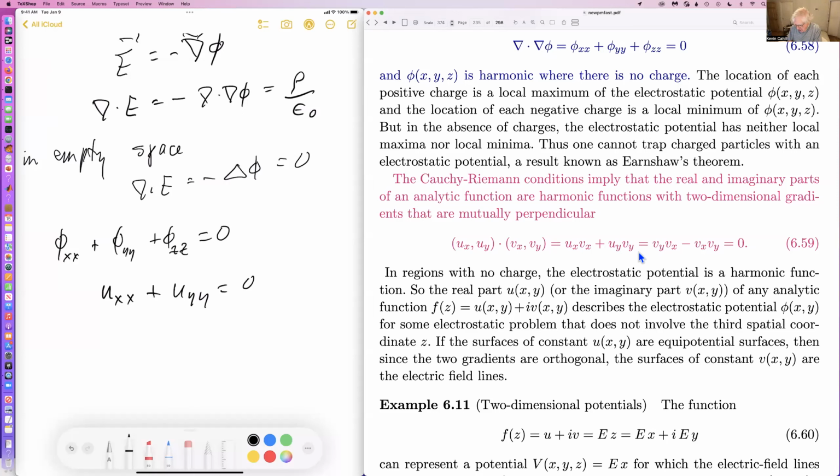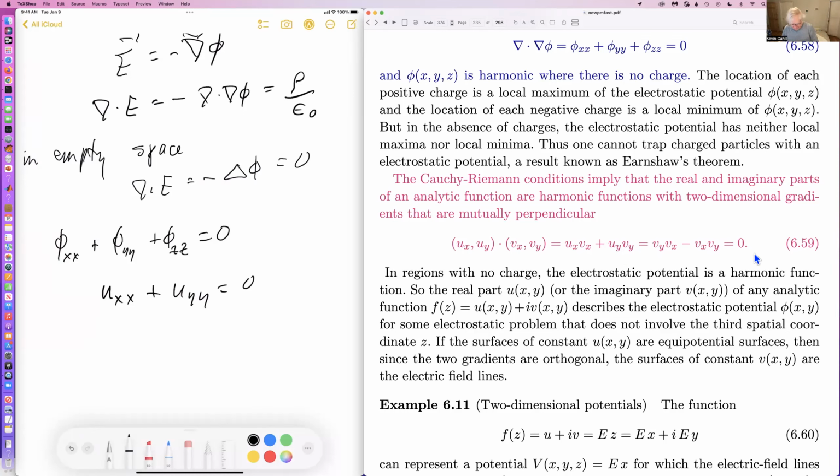The real and imaginary parts of an analytic function turn out to have gradients that are perpendicular. So in other words, the derivatives of u, the real part, dotted into the derivatives of the imaginary part v give you this expression here, but inasmuch as ux is equal to vy and uy is minus vx, they add up to 0.